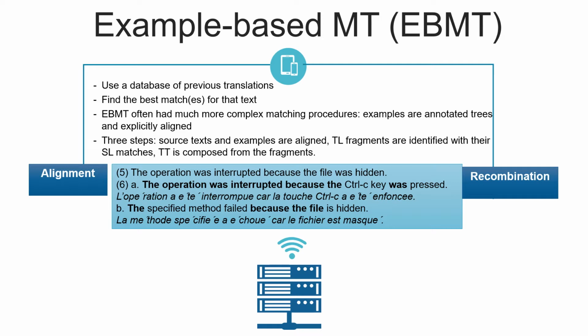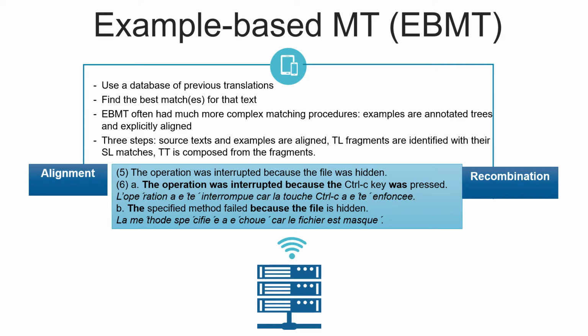We can illustrate the process with a simple example. Suppose that the input sentence is number 5, and the matching algorithm identifies as relevant to its translation the examples in number 6 with their French translations. The fragments of text in the examples that match the input are in bold.